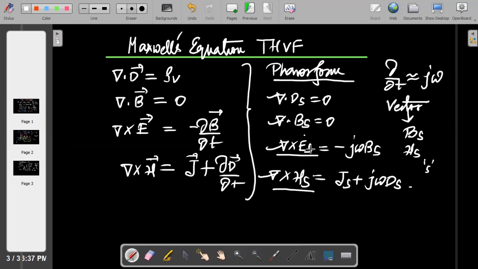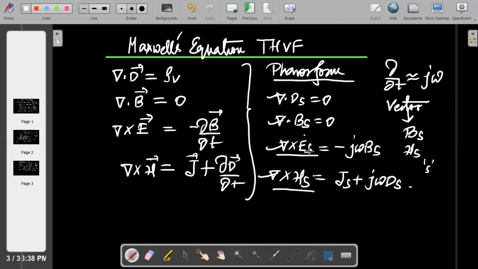But please remember, you have to form one equation, correct? Here electric field is there. Here ES and BS are there. Here HS and DS are there. So you cannot form a generalized equation. So what to do? Either you convert this BS to HS or DS to ES.